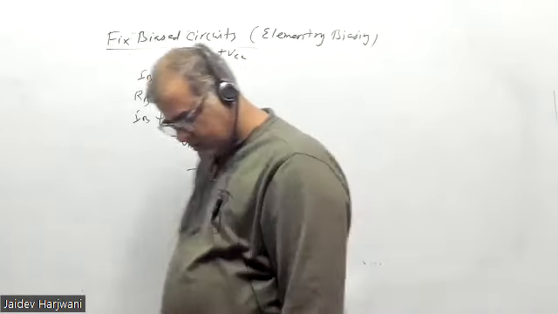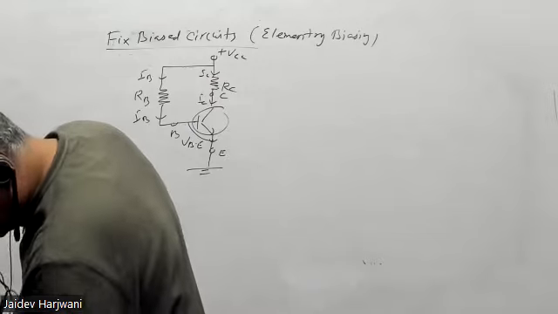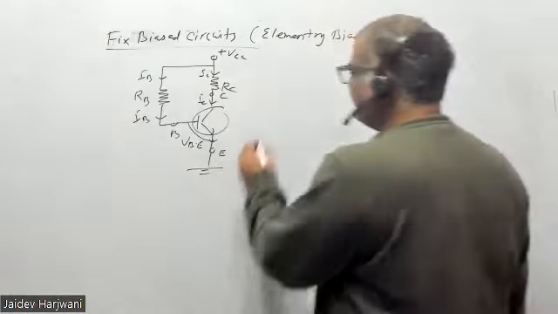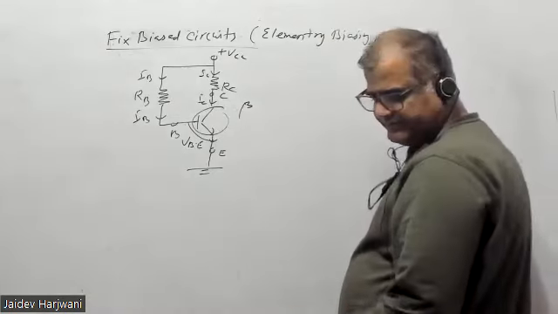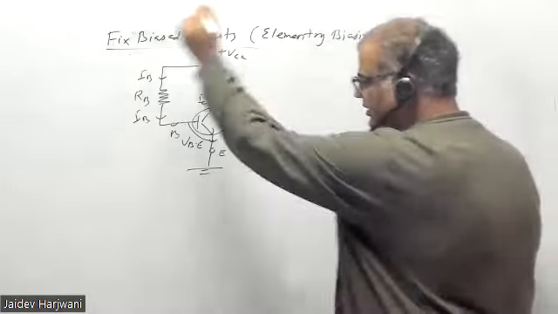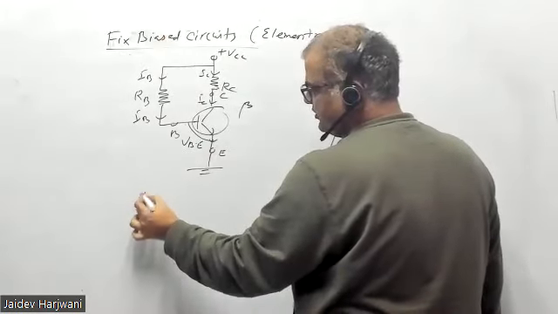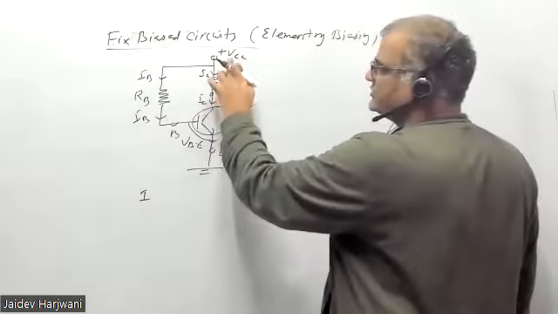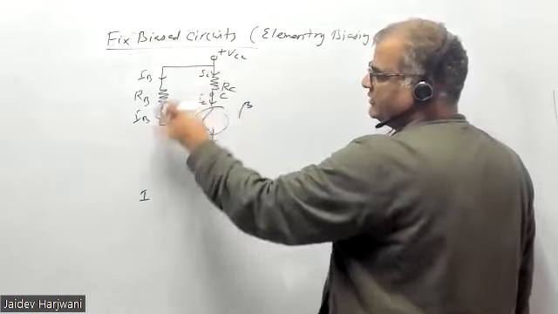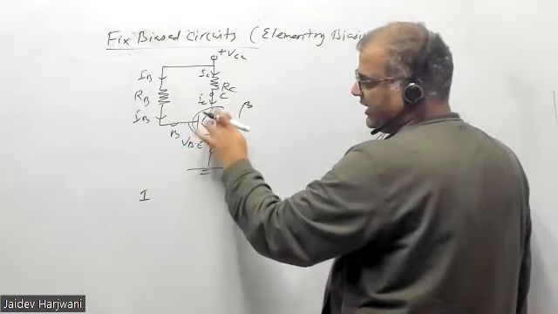So tell me what is the value of IB, how to solve this one. Beta is given for this transistor. Let me now find what your IB is. This circuit is giving forward bias to this junction, because positive is connected to positive, NPN.